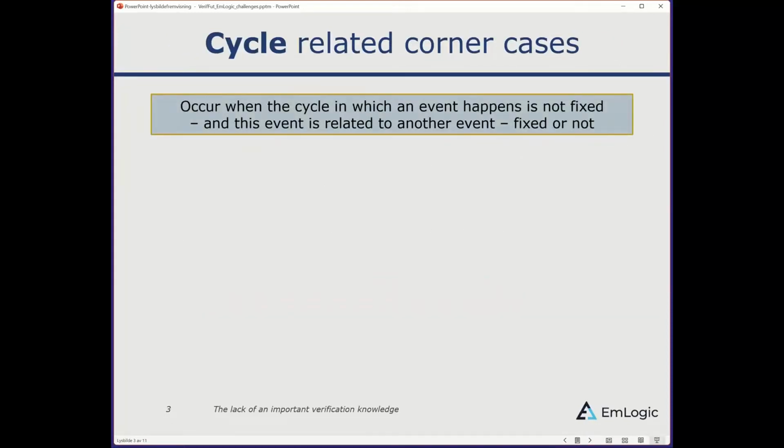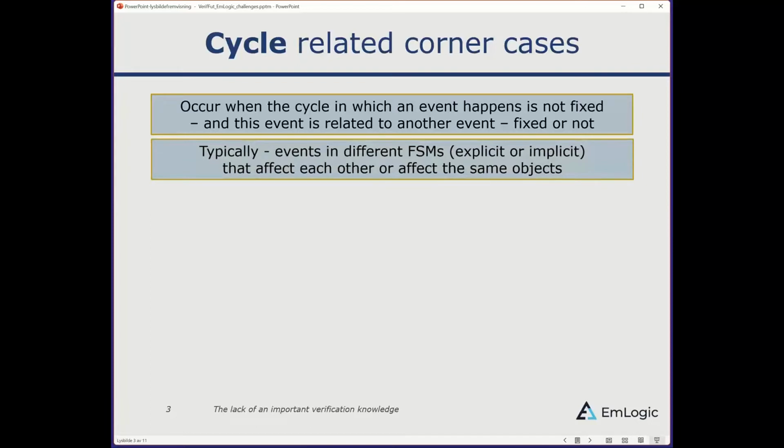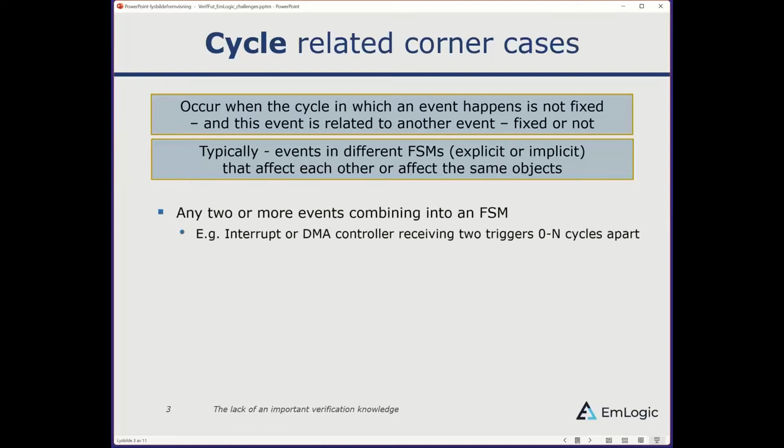So what is a cycle-related corner case? This is something that occurs when the cycle in which an event happens is not fixed, and this event is related to another event. Typically these are events in different state machines, or any interacting flip-flops that affect each other or affect the same objects.